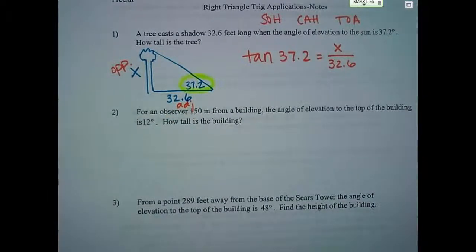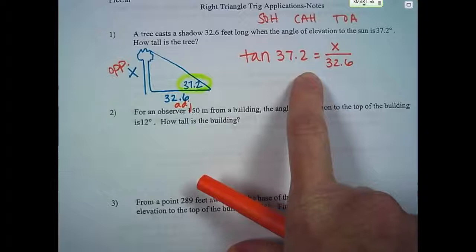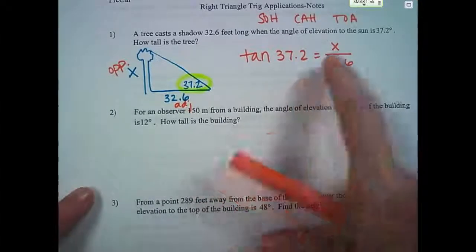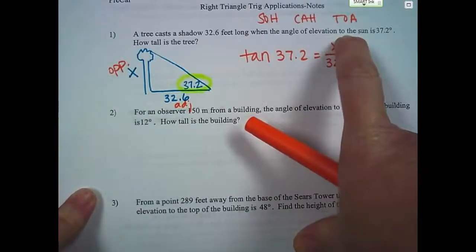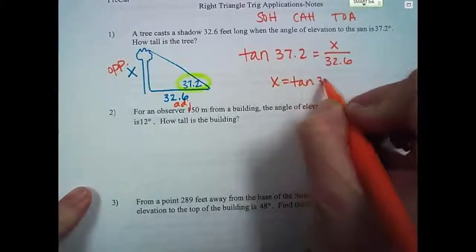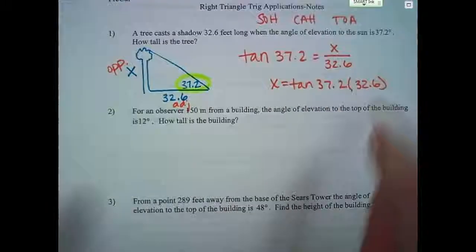Remember from yesterday. For requirements, if you have this triangle and this equation, you're good. In your calculator, the next step you don't actually have to write. When x is on top, that's the easy problem. So x equals the tangent of 37.2 times 32.6. That's what you're going to type in your calculator.